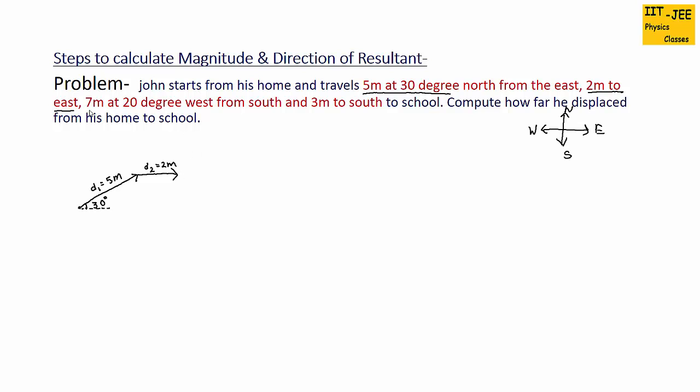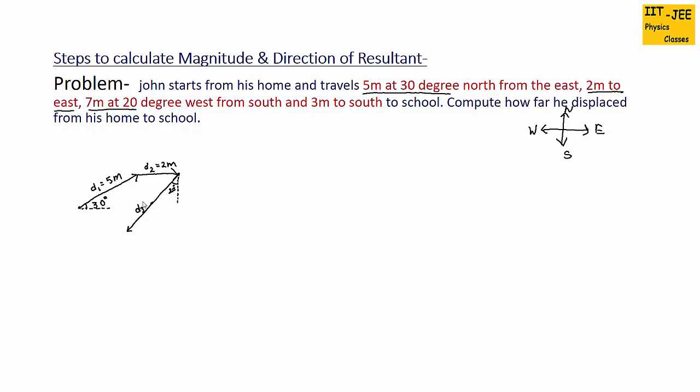Then he displaces 7 meter at 20° west from the south. That means from this point we will draw 20° west. So suppose this is our south, and so 20° from the south we have to move towards west like this. This one is the 20°, and he displaces around 7 meter like this.